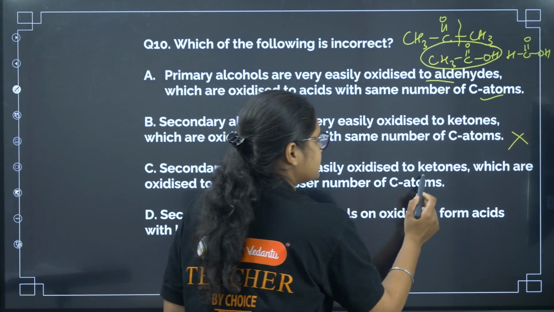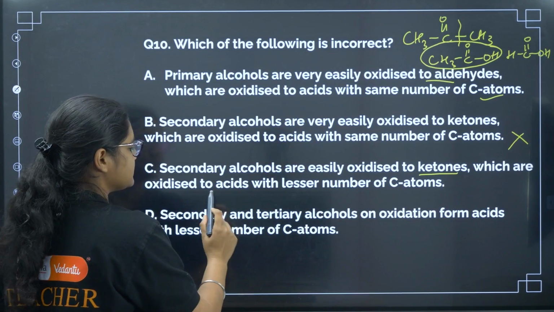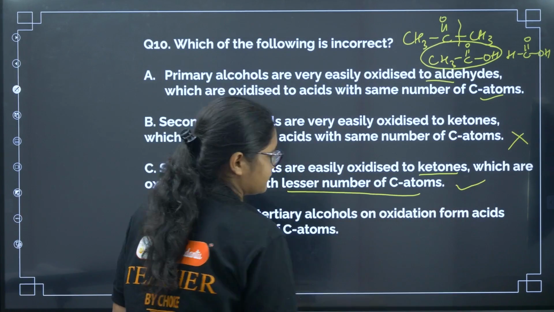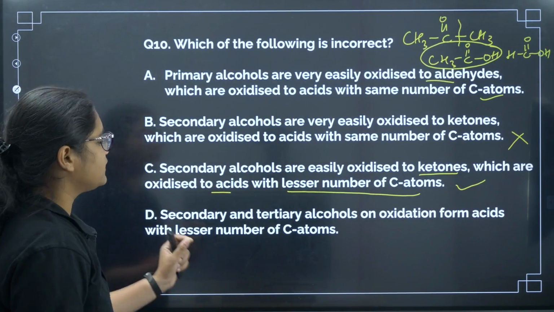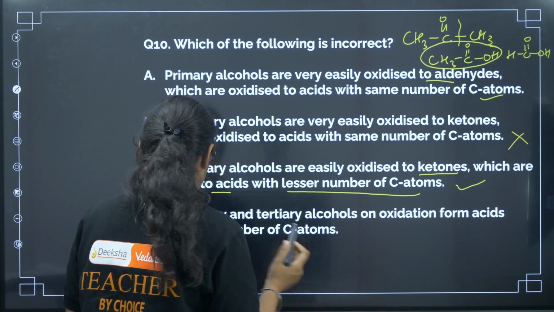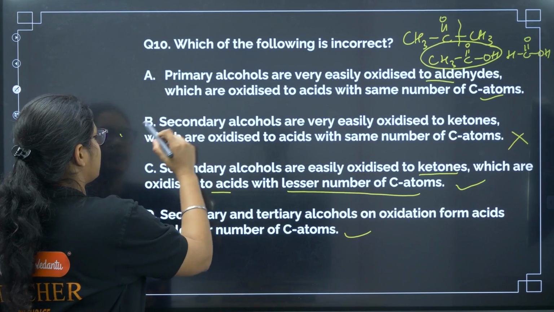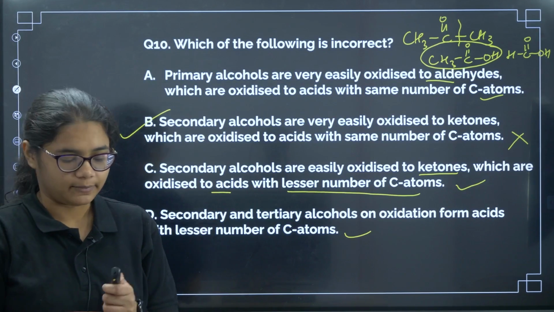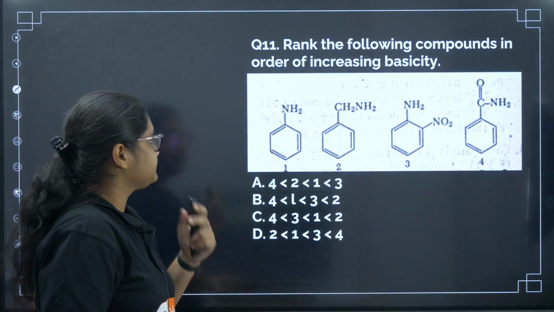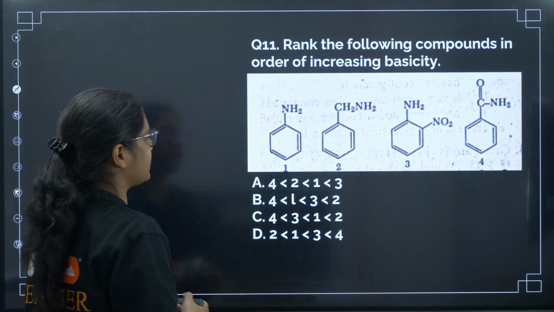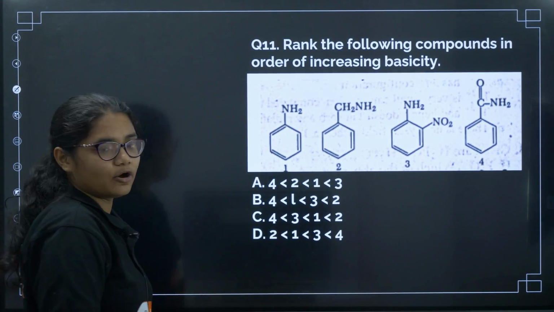Secondary alcohols are easily oxidized to ketones, which are oxidized to acids with a lesser number of carbon atoms. This is correct. Secondary and tertiary alcohols on oxidation form acids with a lesser number of carbon atoms. That is what we have explained. So the incorrect statement is option number B. Next, rank the following compounds in increasing order of basicity.